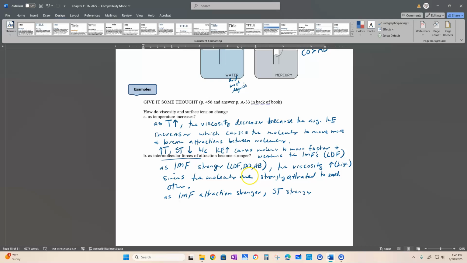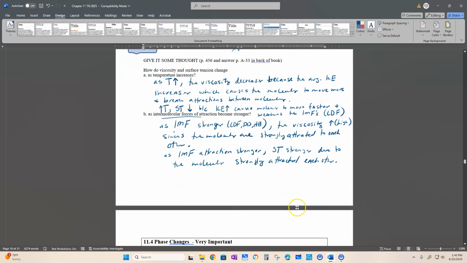And the reason why is the same thing, due to the molecules strongly attracted to each other. The closer the molecules are, the harder it is to break them apart. And which forces are the hardest to break? And it's hydrogen bonds. Okay?